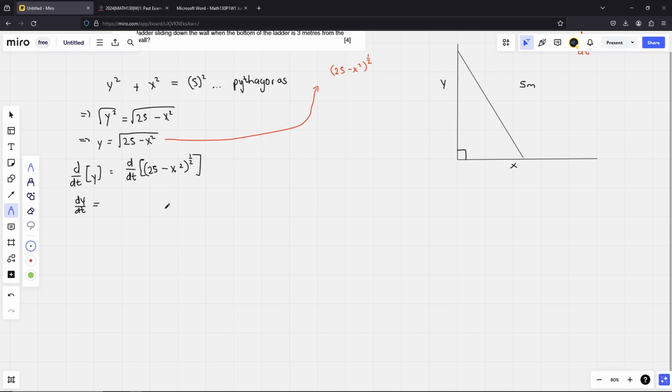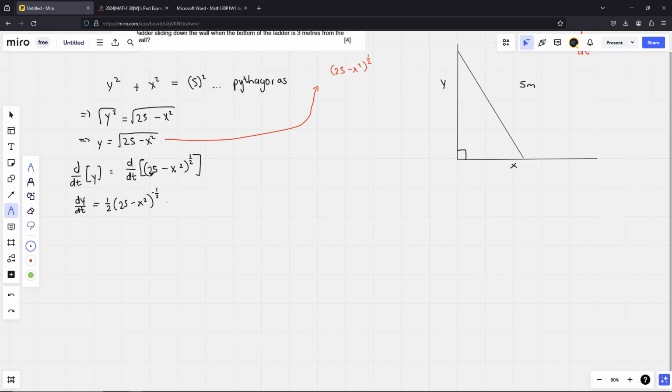So taking the derivative of the right hand side by using chain rule, we're going to move this one to the front. So it's going to be half, copy whatever's in the bracket, and then minus 1 from the exponent, and then we're going to multiply by the derivative of the inside.